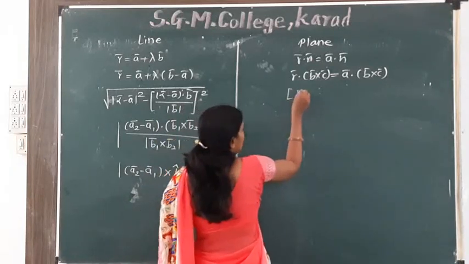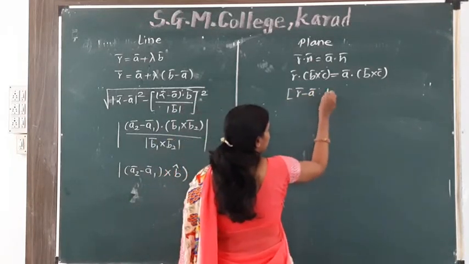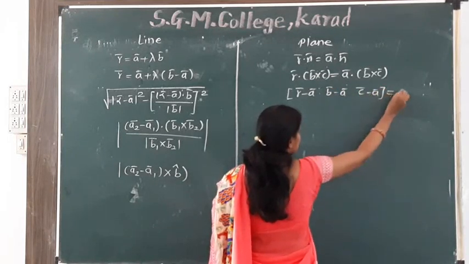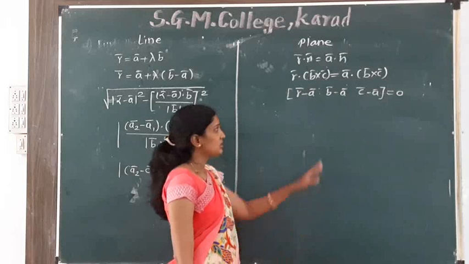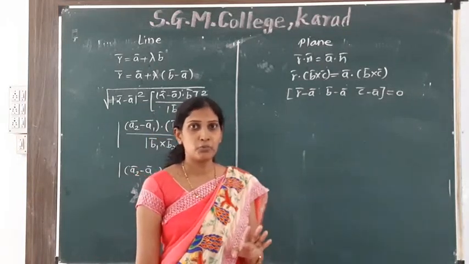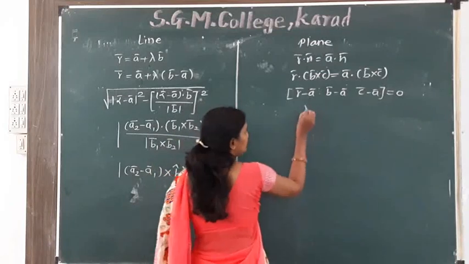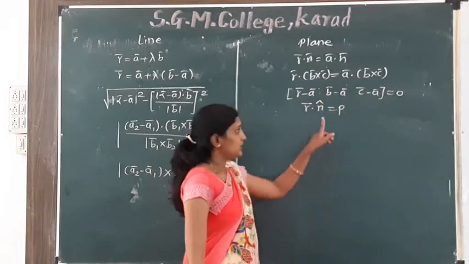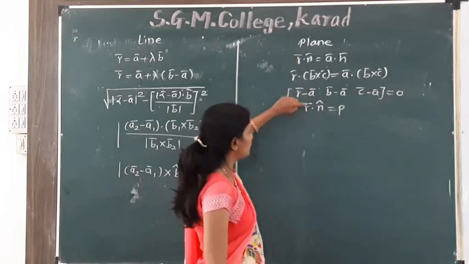Then [r bar minus a bar, b bar minus a bar, c bar minus a bar] is equal to 0. This is the equation of a plane passing through 3 non-collinear points. Then r bar dot n cap is equal to p, the normal form of the equation.